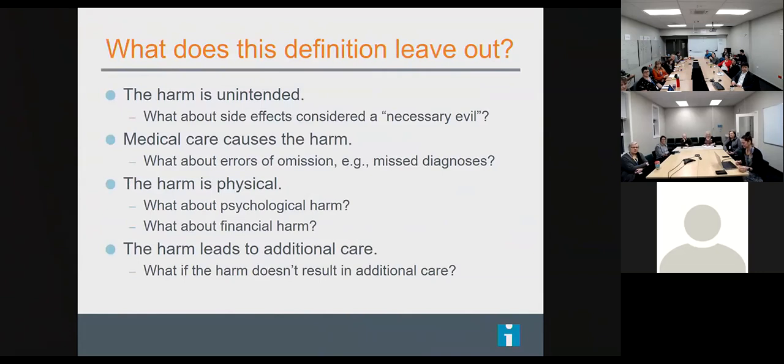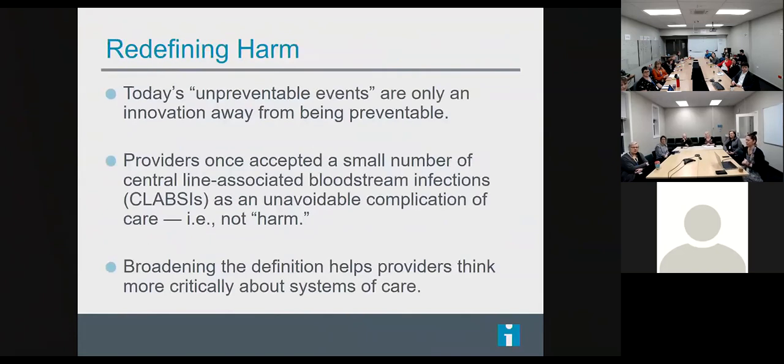So what we have done is redefine that definition. In today's world, we're talking about preventable errors and events. Harm has been and will continue to be redefined as the evidence and research changes.